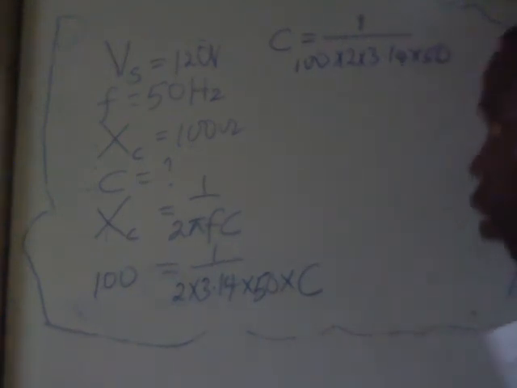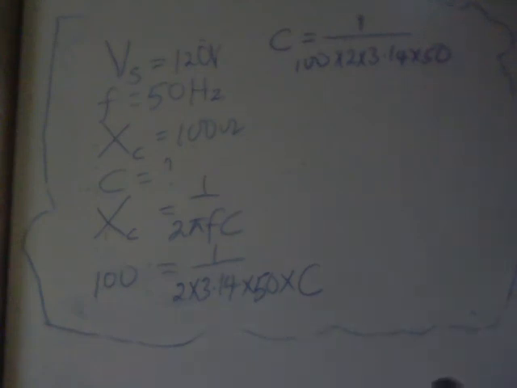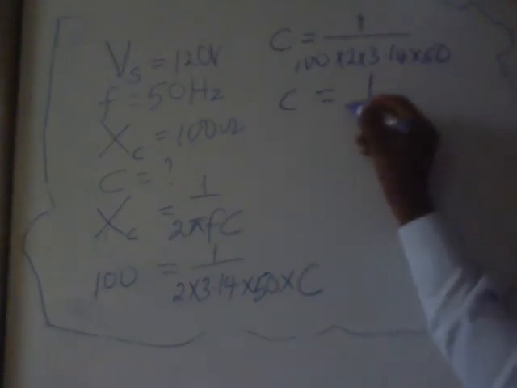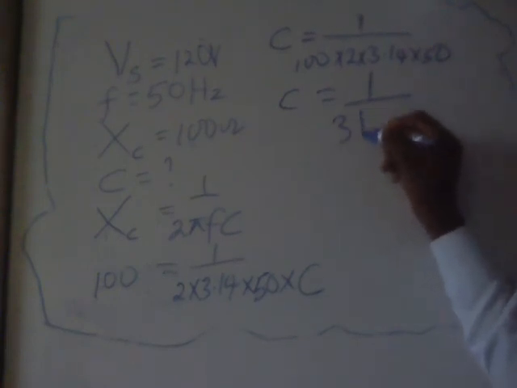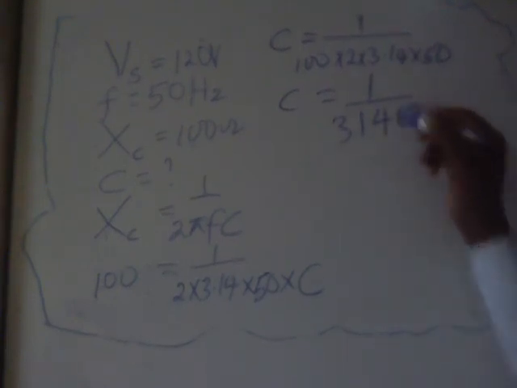When you multiply that, 100 times 2 times 3.14 times 50 gives us C equals 1 over 31400.